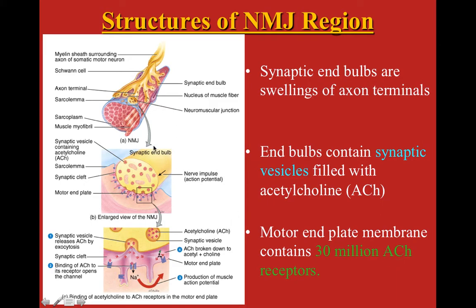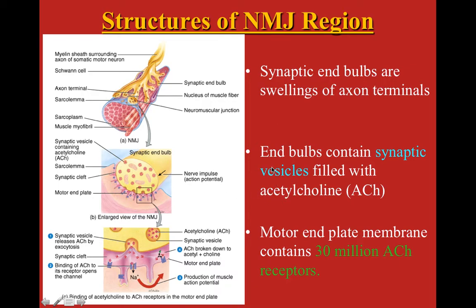Now here are some illustrations of that very same thing. The structures of the neuromuscular junction include the synaptic end bulbs, the swellings of the axon terminals. Like I said, they look like fingers almost, coming down into the muscle fiber, and that gives it more surface area to make contact for the neuromuscular junction to occur.